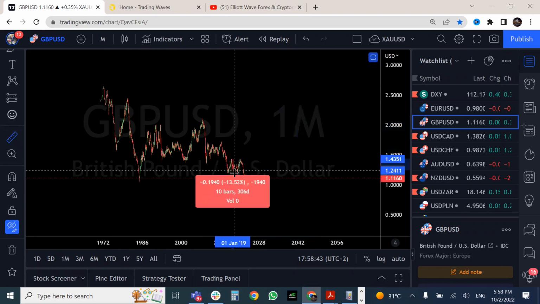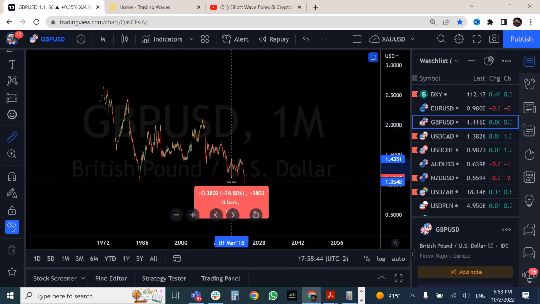We were just looking for that to complete this structure here. If we look at that, that's about 3,800 pips that we've been trading, and I've shown you exactly where to get that video. If you watch last week's video, you can go and get that reference. So that's why we've been trading this one to the downside for the last 3 years.